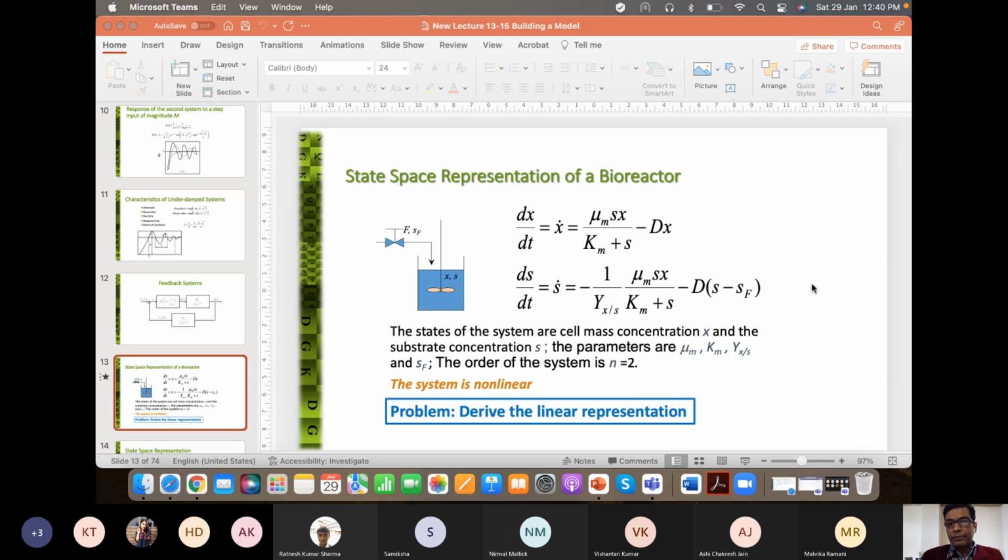Now I'll take a break here for 2 minutes, and I want to see if somebody can give me the linear form of this at some steady state concentration, let's say the SS or star condition. So X star and S star are the steady state values. Can you derive the linear version of the right hand side for this using the Taylor's approximation that I showed you earlier?